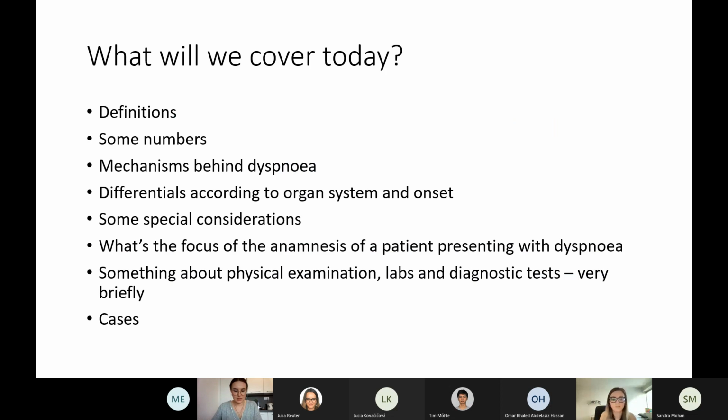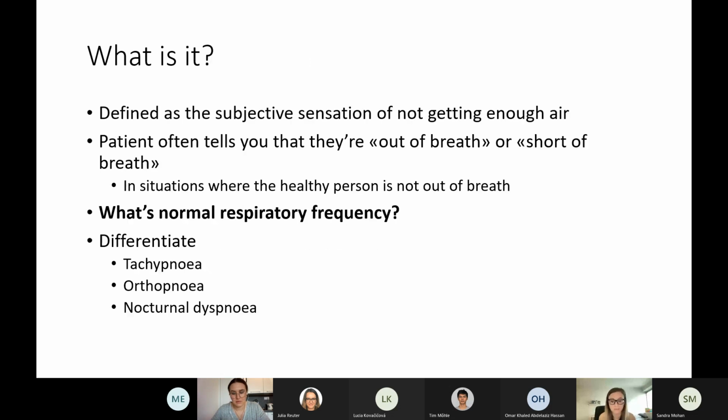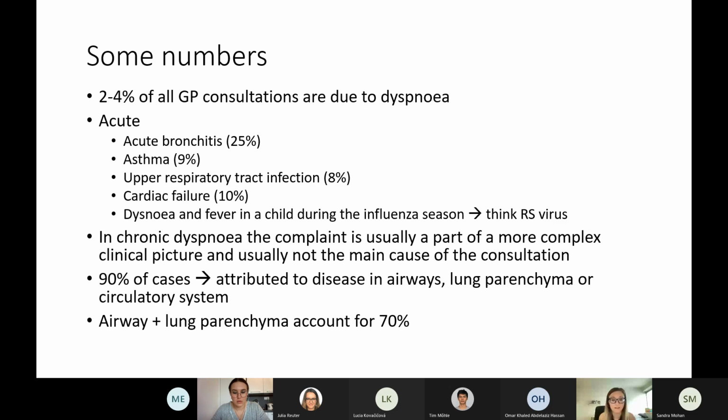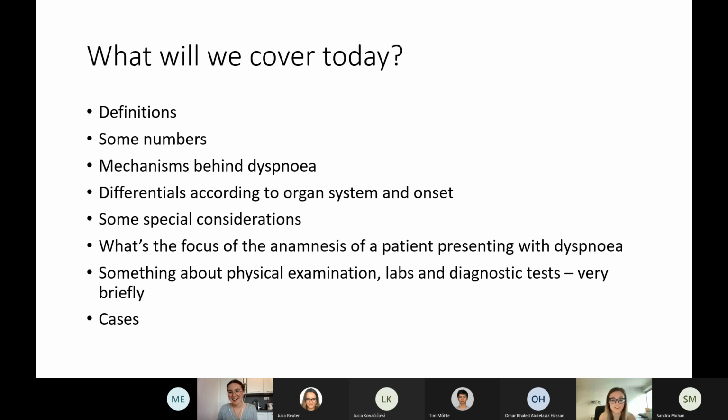Okay, so I'm just going to quickly go through a few things that we'll be covering today. We're going to give you the definition of dyspnea and some numbers. We're mainly going to focus on the things that you are most likely to see in a clinical environment. We're going to tell you about the mechanism behind dyspnea, but don't worry, not too much.